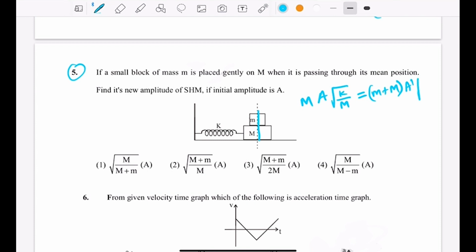Now omega is under root k by m plus M. From here you can find the a dash value. Root k gets cancelled, so a dash will be a into under root of M by M plus small m. That's it. A dash will be a into M by under root of, yes, this one. That's it.